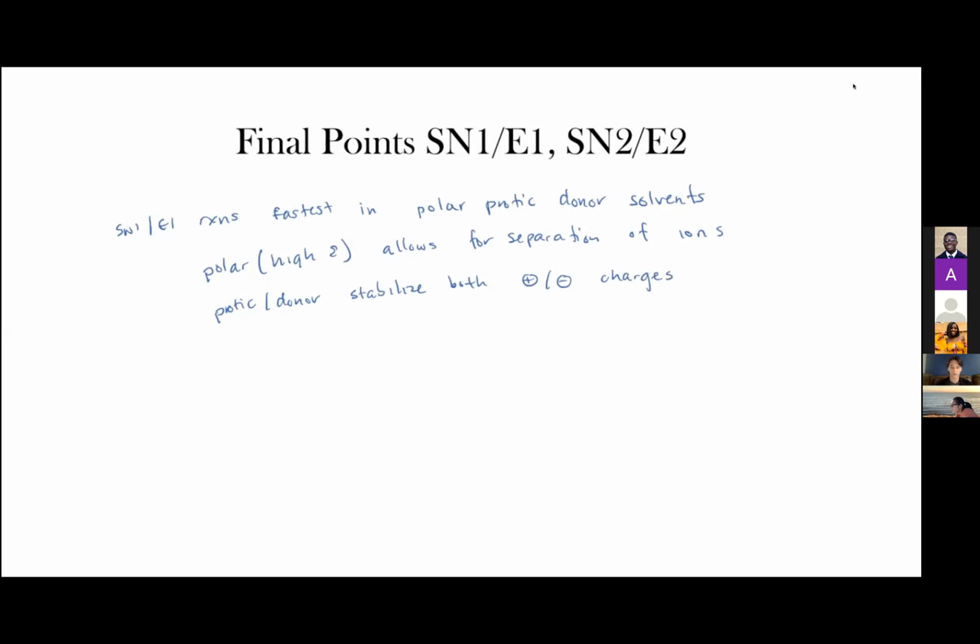Basically, this means the carbocation intermediate is stabilized and the halide anion is stabilized, and this helps the reaction move more quickly. Although we didn't focus on it today, I'll make a note about SN2 and E2 reactions. These are fastest in polar aprotic solvents.